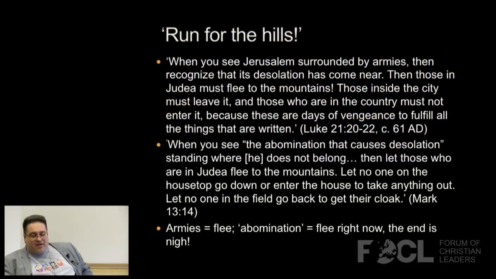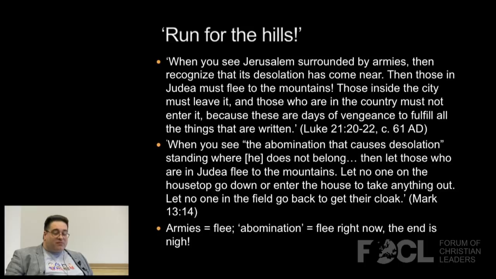If you compare Jesus' predictions about the temple from the synoptic Gospels of Luke and Mark, it seems to me that there's a bit of a difference in what he says there that you could summarize this way. When you see Jerusalem surrounded by armies coming for Jerusalem, you better get out of there because bad times are a-coming.